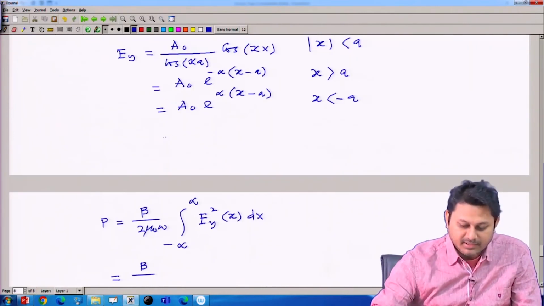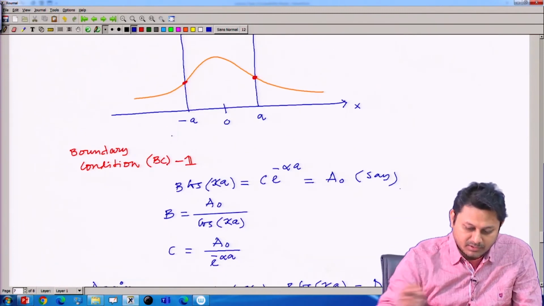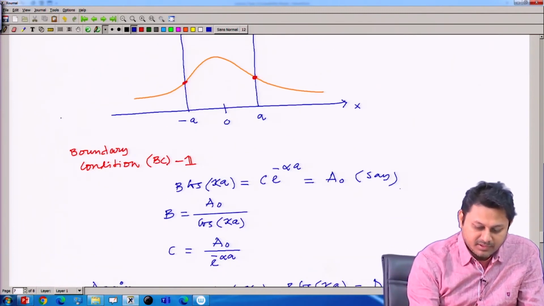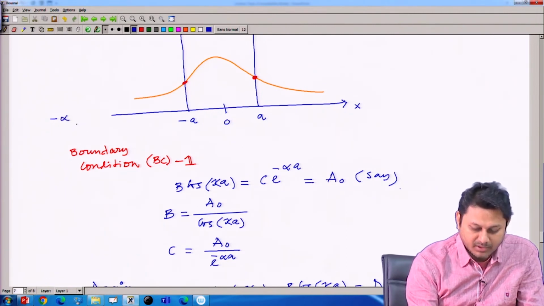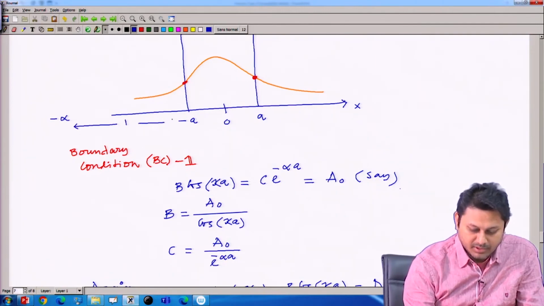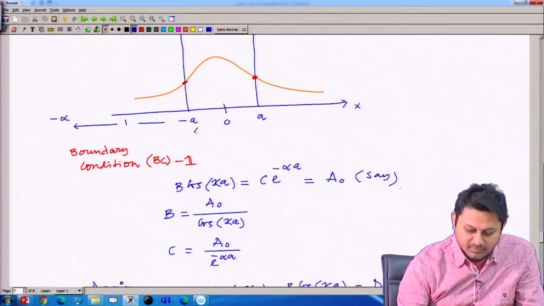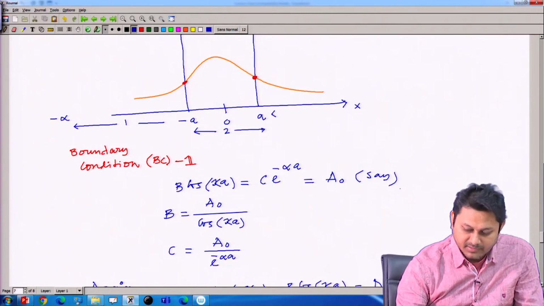This is part 1, from minus infinity to minus a. This is part 2, from minus a to a, and the last part goes to plus infinity. So, this is part 3.